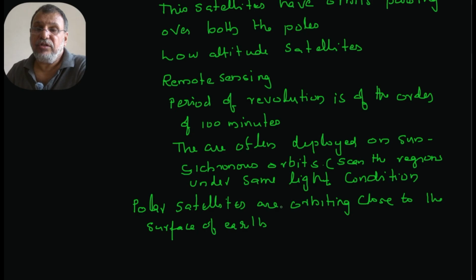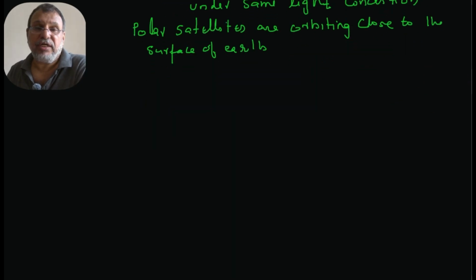So they usually orbit close to the surface of Earth. So let us try to work out the details in case of polar satellites.